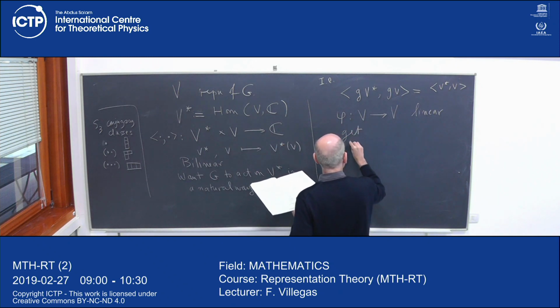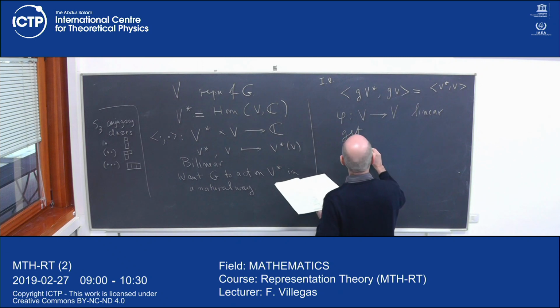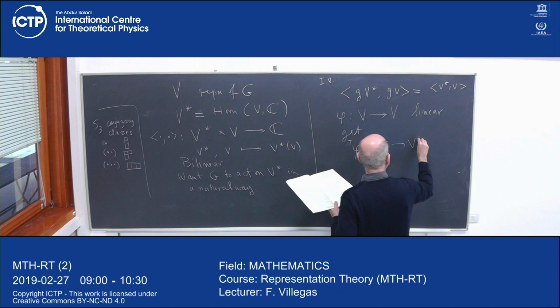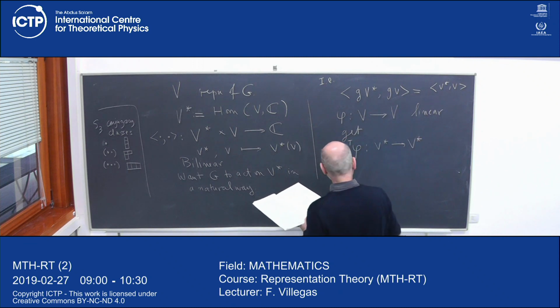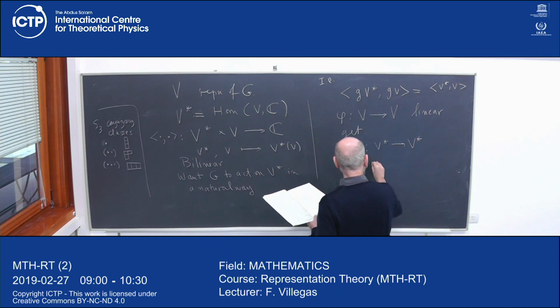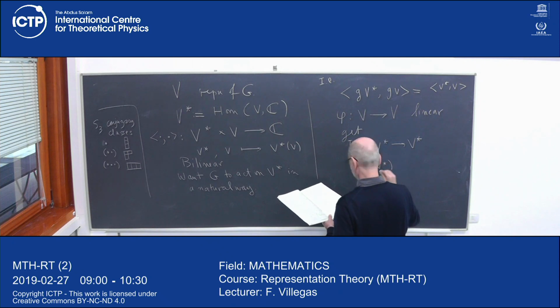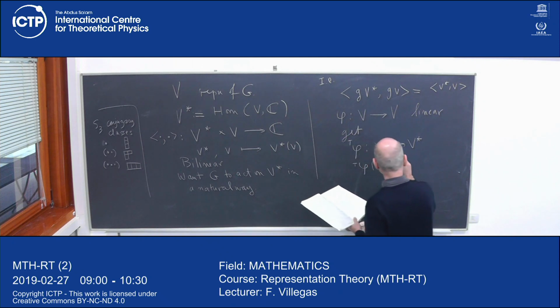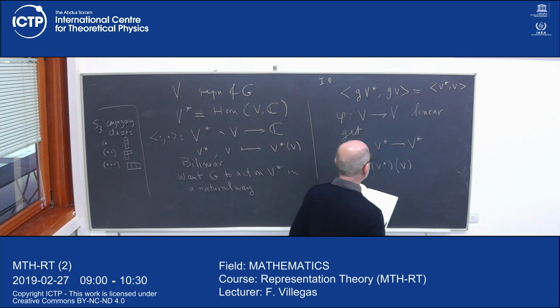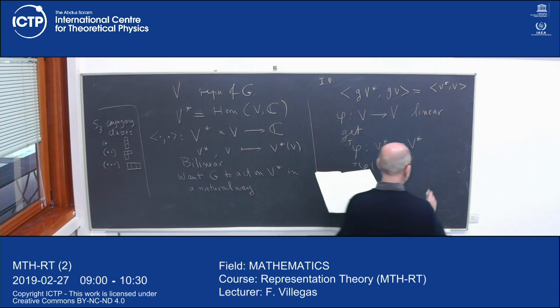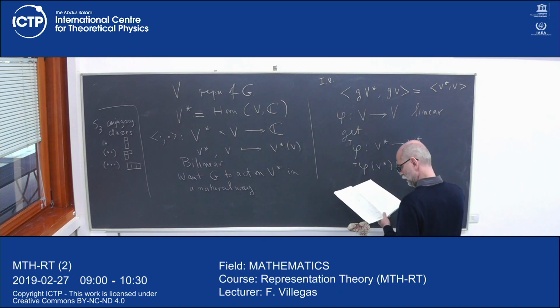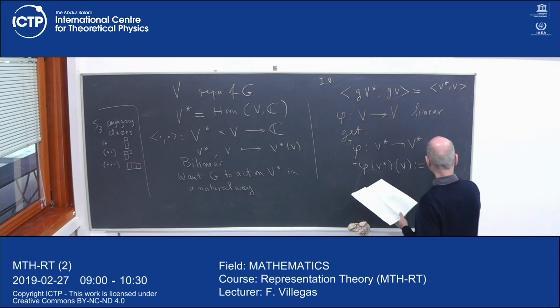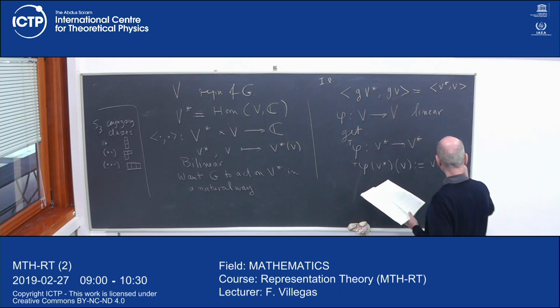I'll put the transpose on the left here. It goes from V dual to V dual by saying that phi transpose of a dual vector v dual is a new dual vector which applied to a vector v is the dual vector v dual applied to phi of v.